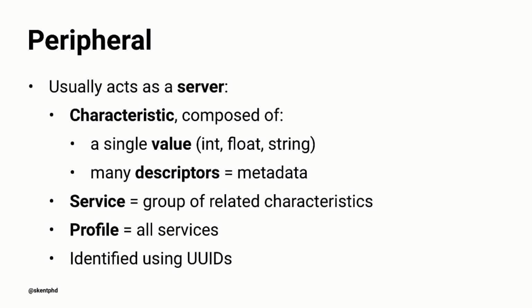Then we have services, which are a group of related characteristics or endpoints, and then a profile, which is a group of all of these services. And that profile describes what your server looks like. And all of the things in this list are identified using UUIDs. If you're not familiar with UUIDs, it's basically a long string that follows a specific format that all of these will adhere to.